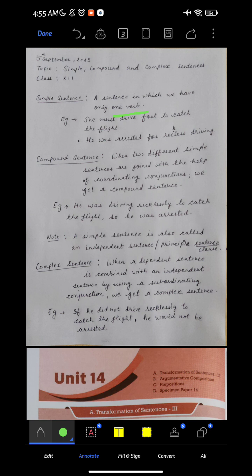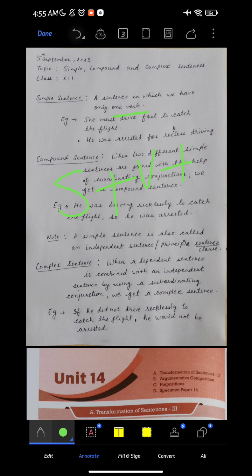The basic structure for a simple sentence is subject plus verb plus object. This is the basic structure of a simple sentence. So we have examples. Let me discuss them for more clarification.